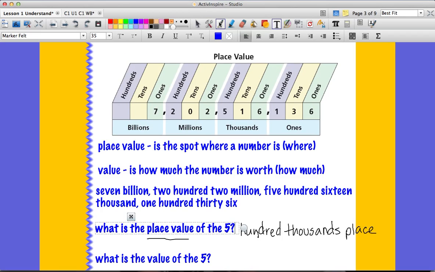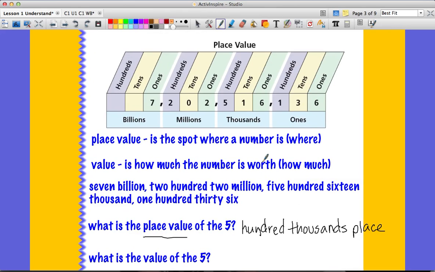The place value is helpful here because it helps you realize how much it's worth. So since it is in the 100 thousands place, it is worth 500,000. This is telling me where to find it. This is telling me how much it's worth.